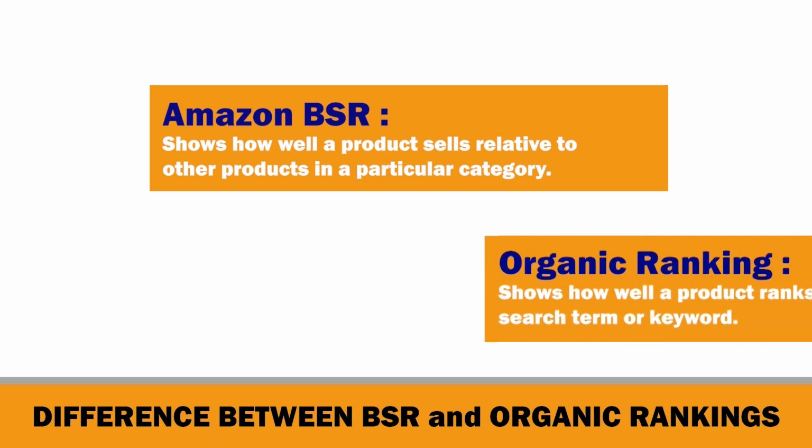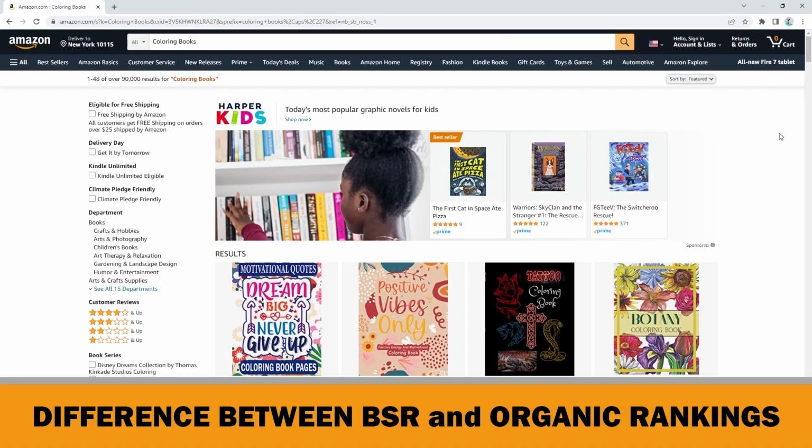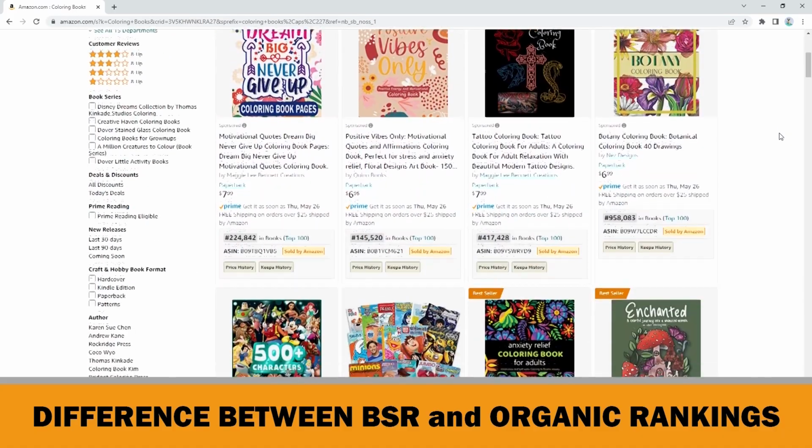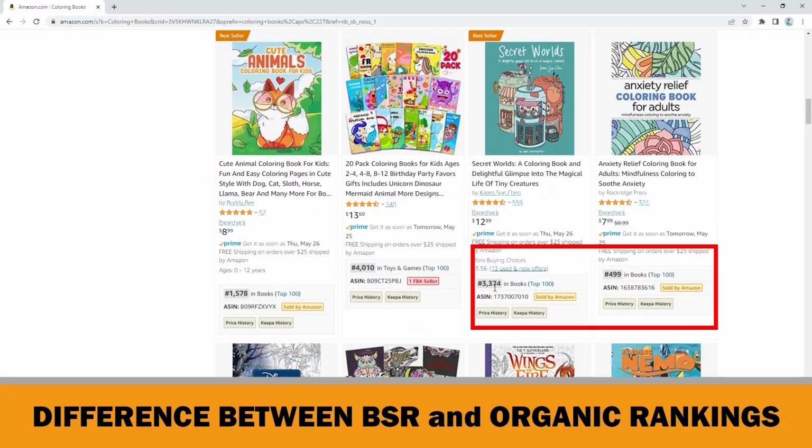On the other hand, organic ranking shows how well a product ranks for a specific search term or keyword. It means that having a lower BSR doesn't mean being ranked well for a specific search term or keyword. Therefore, when you search on Amazon, you can see some products with higher BSRs in a better position than those that have lower BSRs.